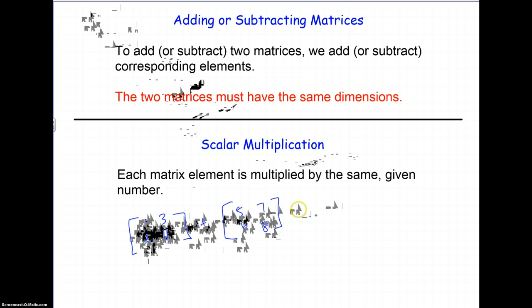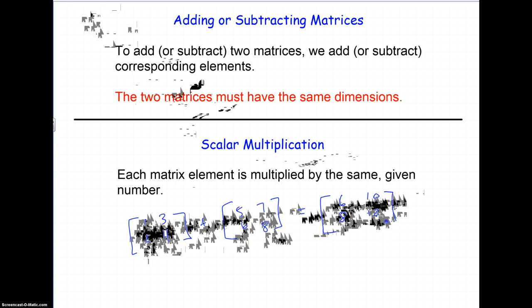So 1 plus 5, 2 plus 6, 3 plus 7, and 4 plus 8. And that would be my matrix addition right there.